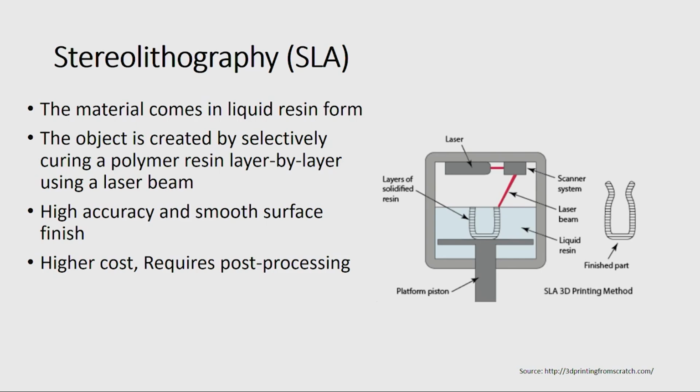In FDM 3D printing, if we are not using some support material, we can almost print a finalized part, and most probably you will not require any post processing. But here in SLA stereolithography, you will require a post processing stage.